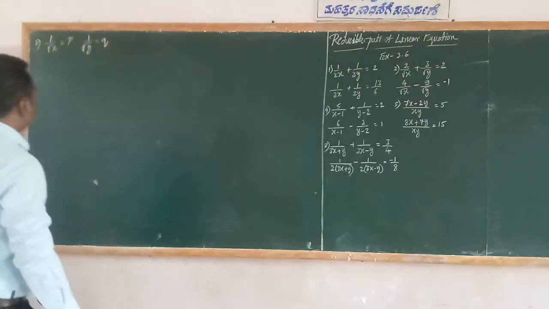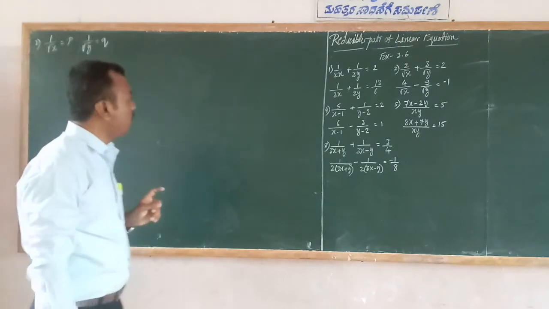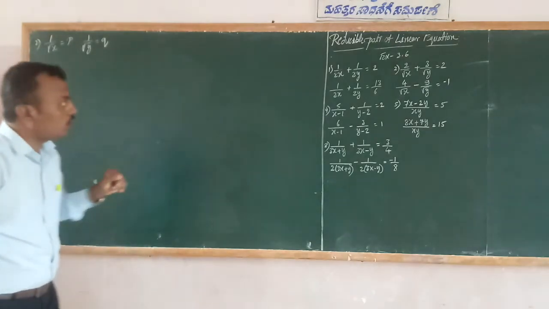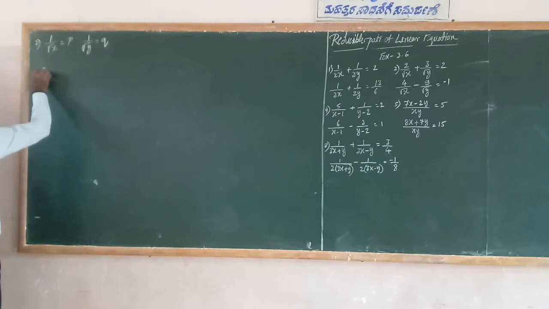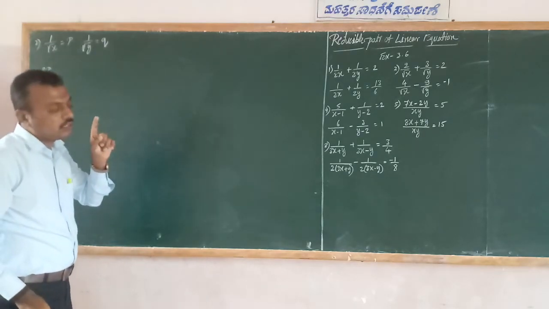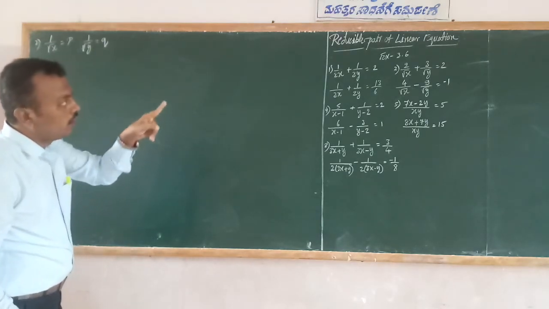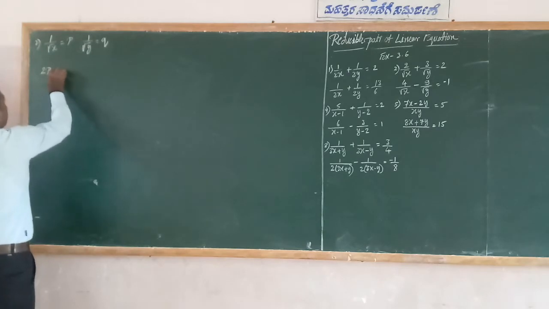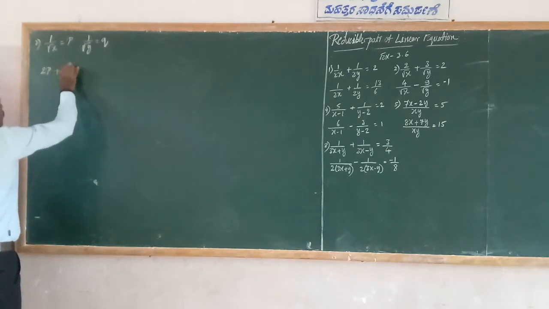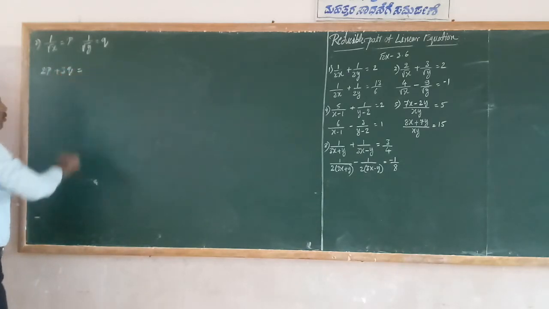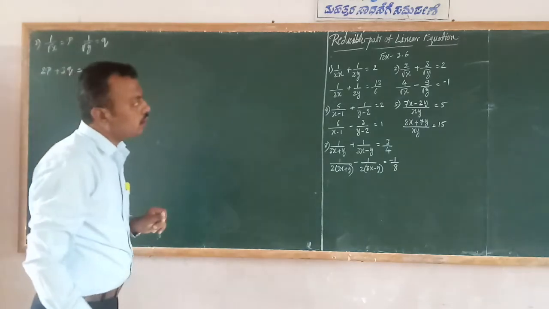See, 1 upon root x and 1 upon root y, we take as p and q. So let us substitute the value of 1 by root x as p and 1 by root y as q. 2 upon root x, so 2 into 1 upon root x means 2p. Therefore 2 into p, and then plus 3 into 1 upon root y, which is q, so 3q. It is equal to 2p plus 3q equals 2.